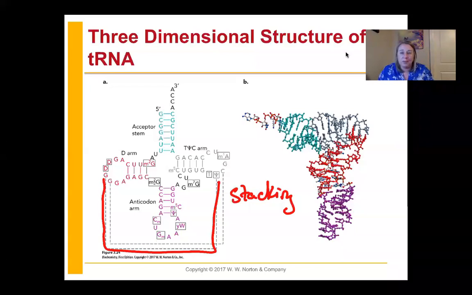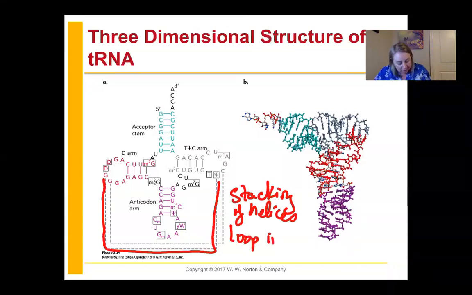Okay, so I think we were talking about why the three-dimensional structure leads to stability. We have stacking of the helices. We have loop interactions. And you can also have modified RNA bases, and we really haven't talked about that yet.